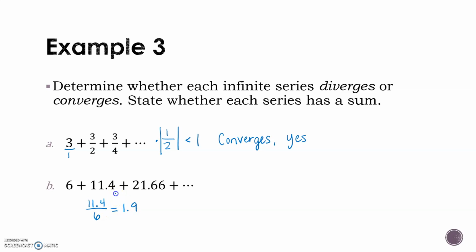And if I check it, is 1.9 times 11.4 21.6? Yes, it is. So I'm looking at the absolute value of 1.9. That is greater than 1. So it diverges. And if it diverges, it does not have a sum. That's it.